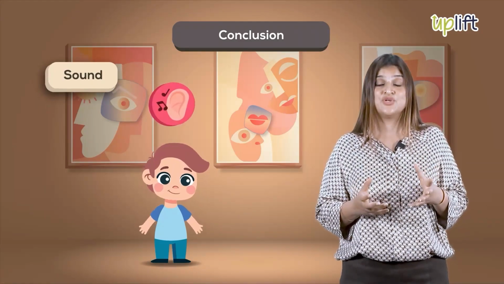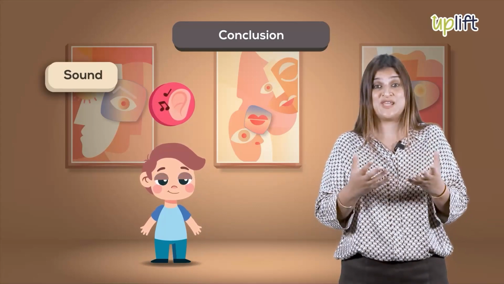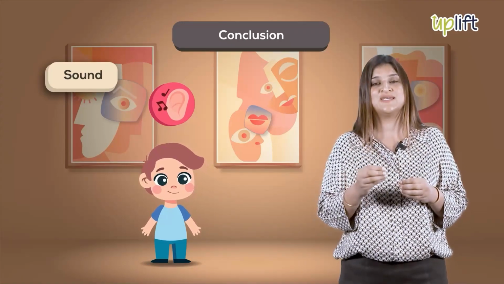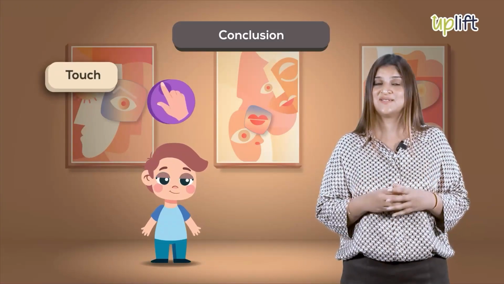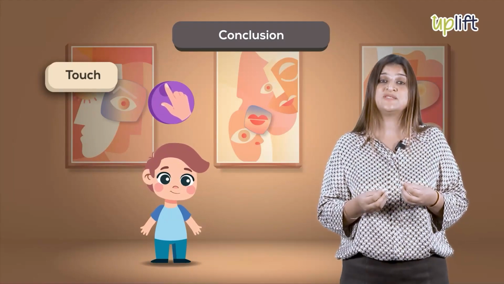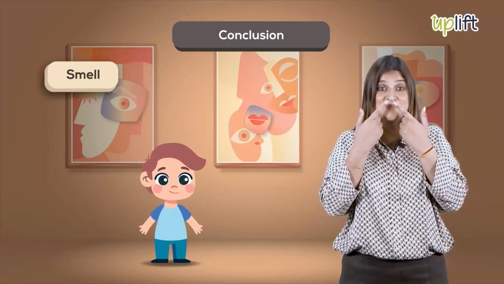For sound, use of music, a positive and happy tone whenever possible, and frequent praise will promote learning and retention. Touch. Activities including touch contribute to development of cognitive and motor skills. Smell.